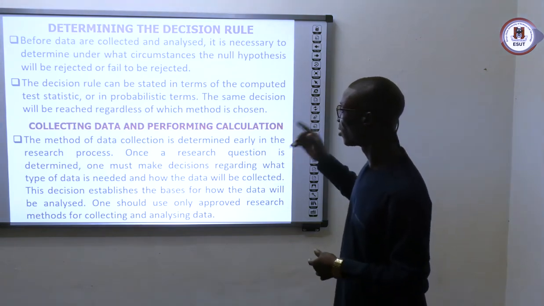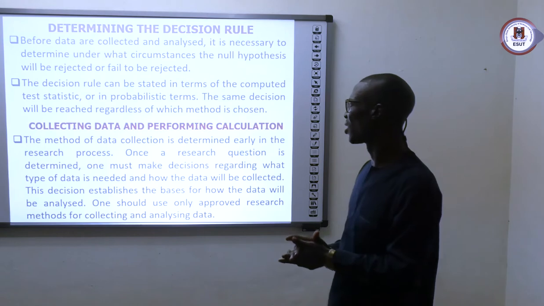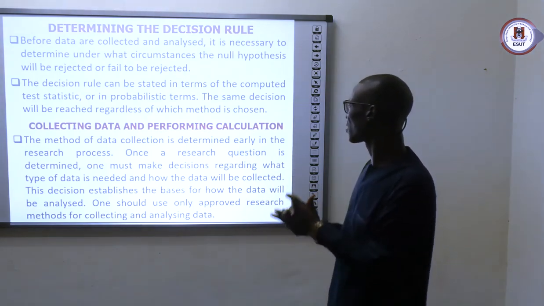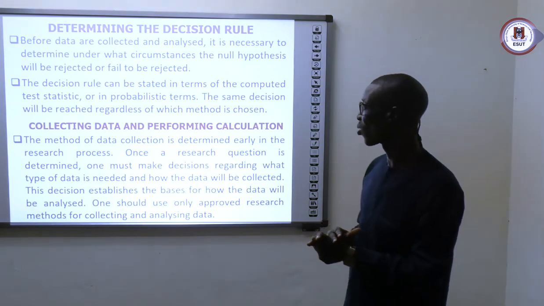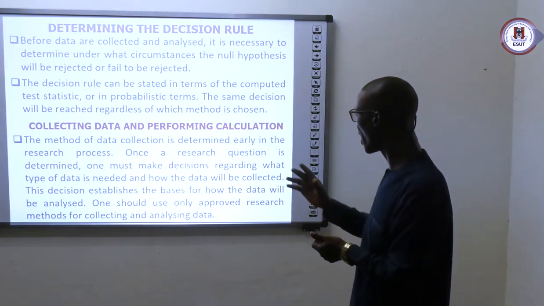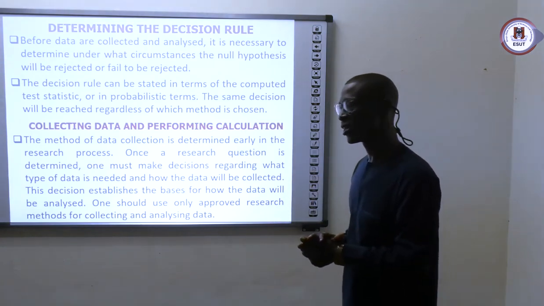So the decision rule can also be stated by computing in probability terms, so as to know if we are rejecting or accepting. But here, the same decision will be reached regardless of which method is chosen.